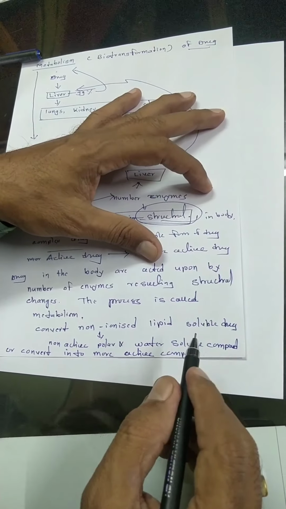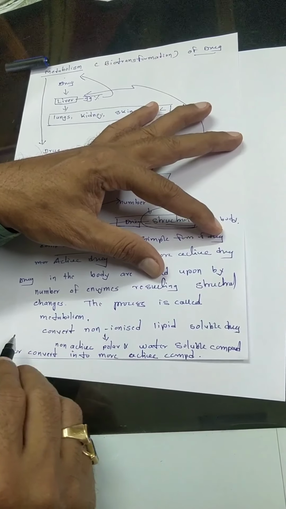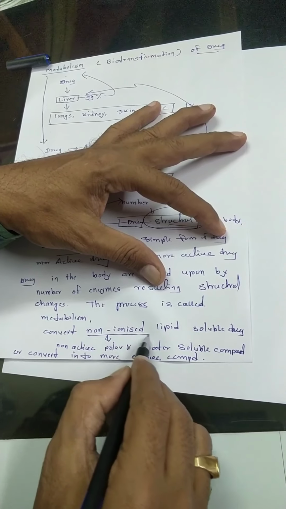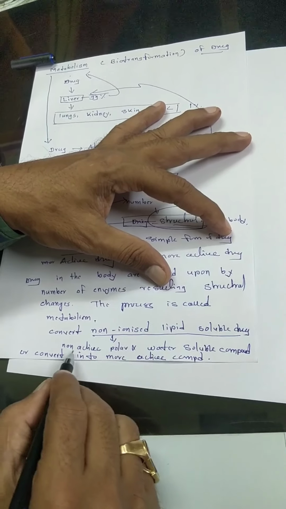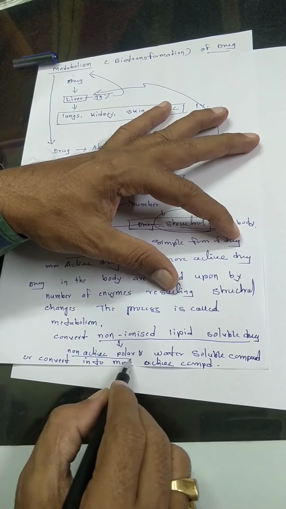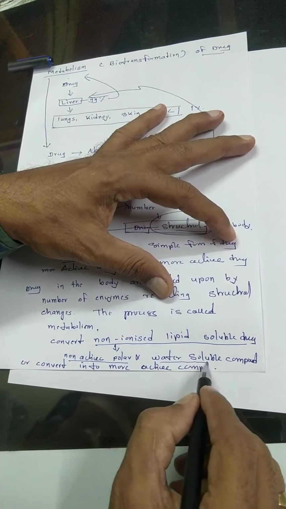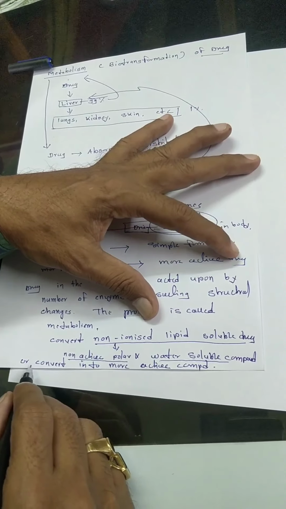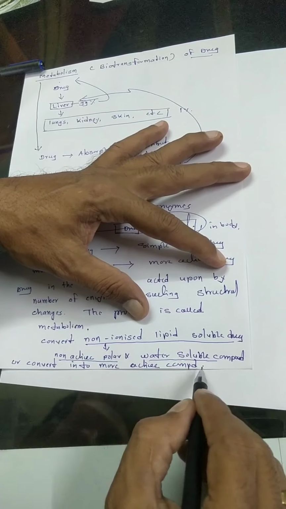That is the most important function of metabolism. Convert the non-ionized lipid soluble drug into the non-active polar and water soluble compound, or convert into the more active.